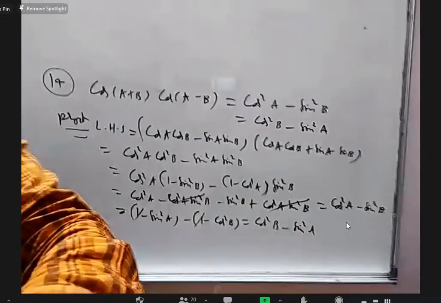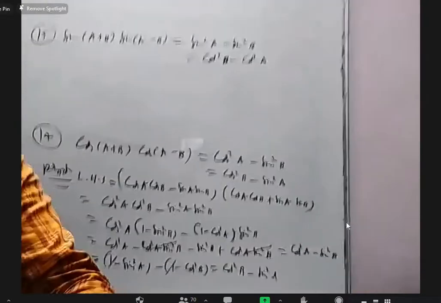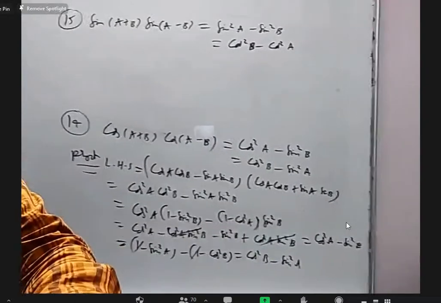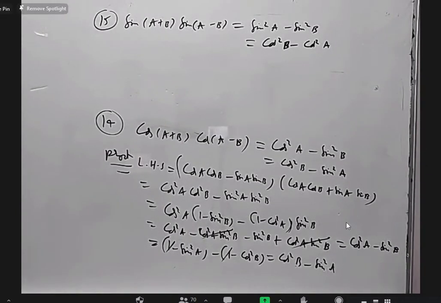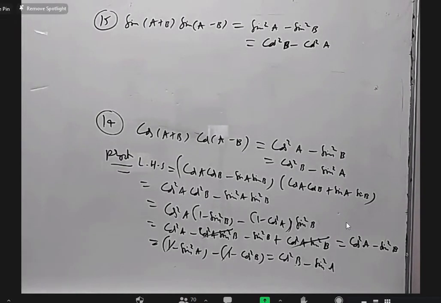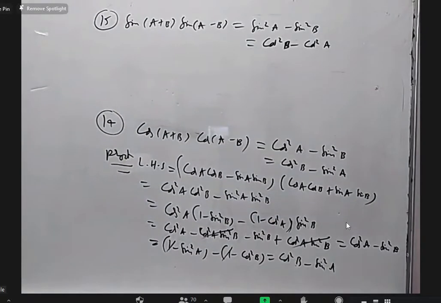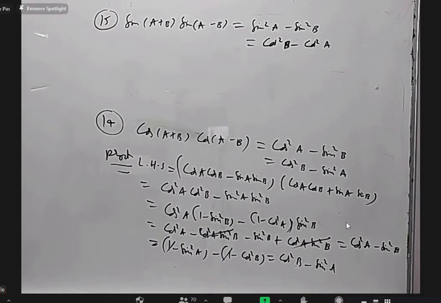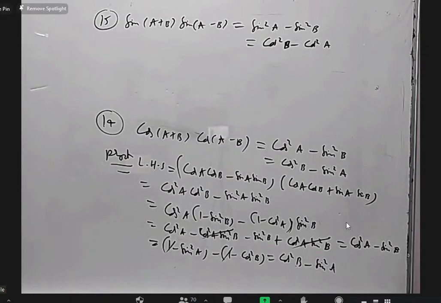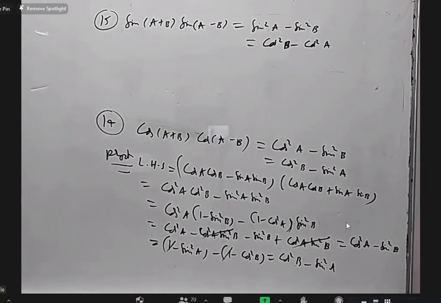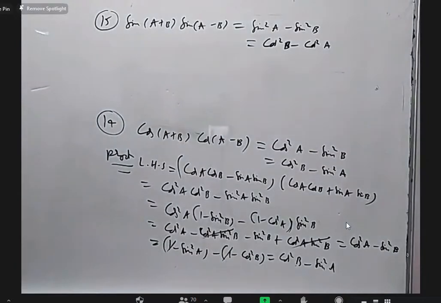Okay, thank you, sir. Sir, that one, cos square B minus cos square A. That is minus, not into.